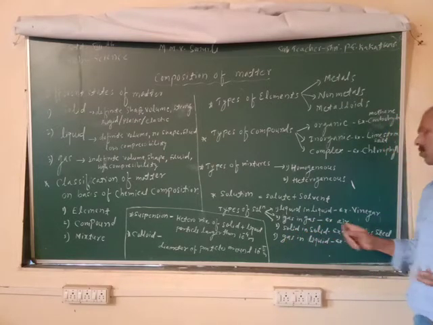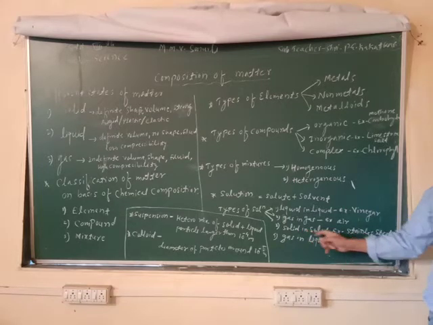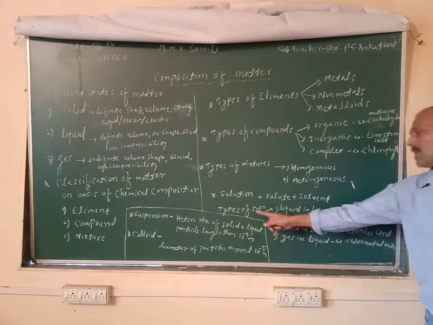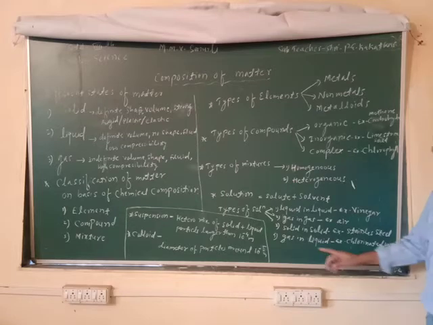Then solid in solid. In an alloy, the mixing of two or more metals is the formation of an alloy. Stainless steel is an example of an alloy, and that alloy is an example of a solid state solution.